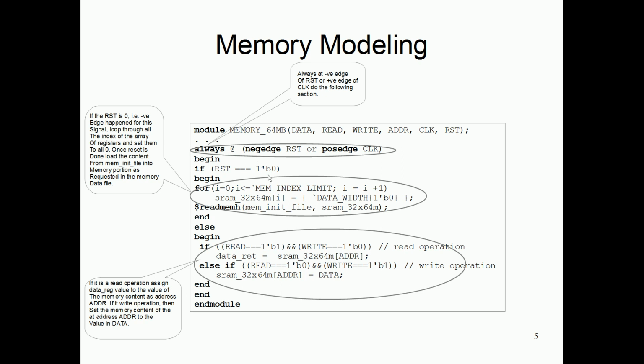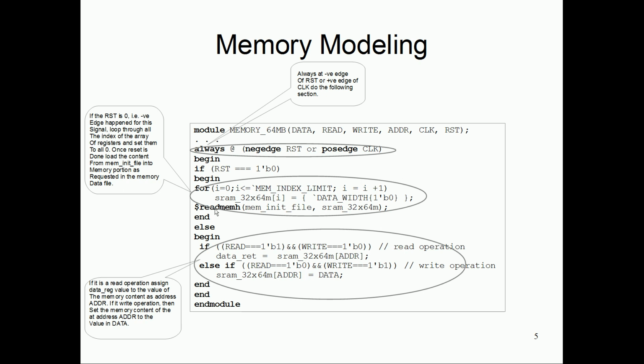So if the reset is 0, then loop through all the address values for I equal to 1. It's not similar to a C or Java statement. Loop through all the addresses and set all of them to all 0. Again, we use a replicator operator here to save our typing.